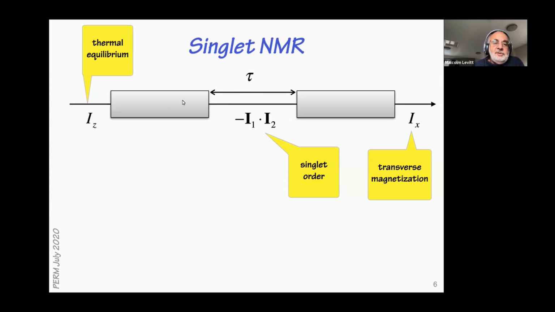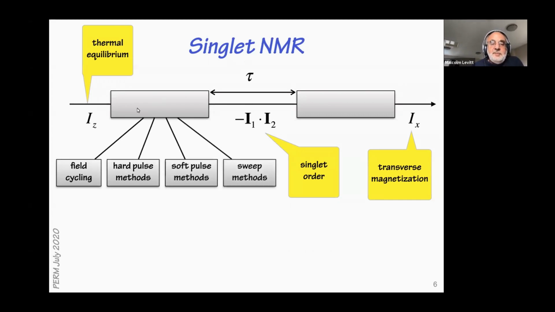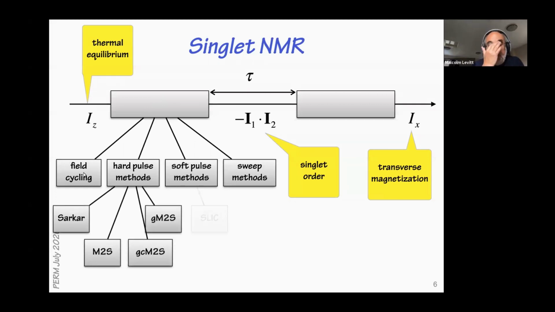And now there's a whole sort of botany of different methods for doing this conversion from thermal equilibrium to singlet order. The first experiment of this kind was actually done using a field cycling method in which the sample was removed from the magnet. But there are numerous methods using hard pulses in strong fields.